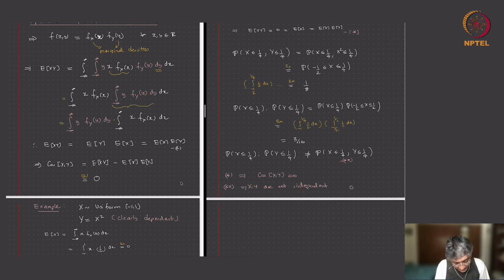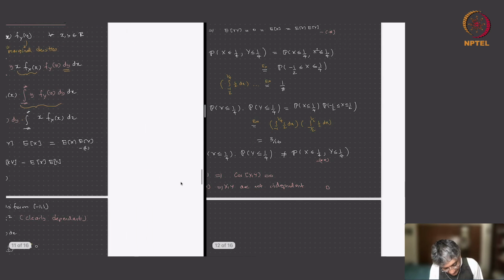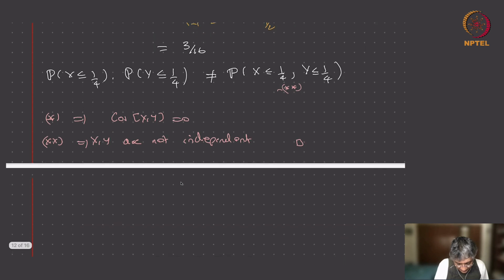Let me just write this down so it's clear. What have we shown by the example? The example implies that covariance of x, y equal to 0 does not imply x and y are independent.